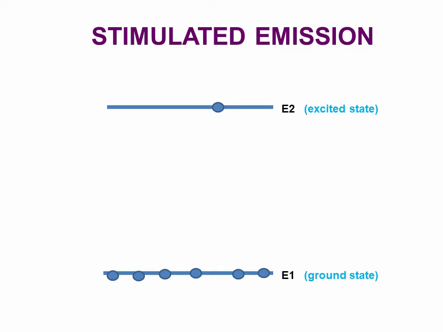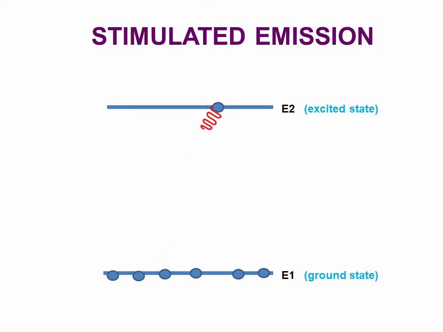Next, the third one is stimulated emission. The last process is stimulated emission, in which the electron returns to the ground state from the excited state with triggering. This is the key factor of laser.